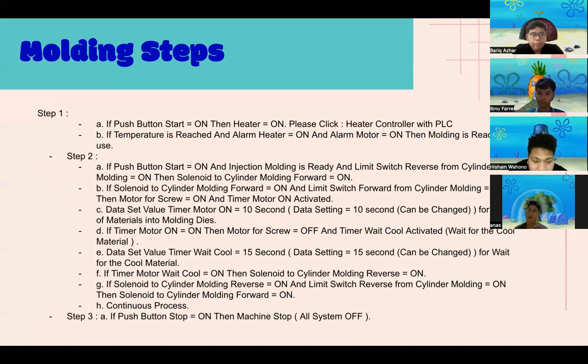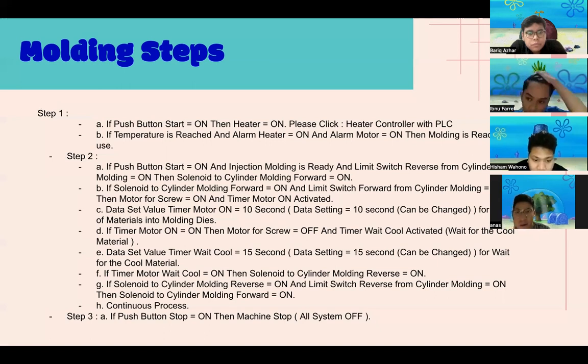So the screw is controlling the cylinder, and it is controlled using a timer that is on for 10 seconds, which can be changed depending on the factory and the volume of materials onto the molding dies. Since this is a batch production system, the volume of materials could be changed, and that will affect how much time the timer motor will be on.